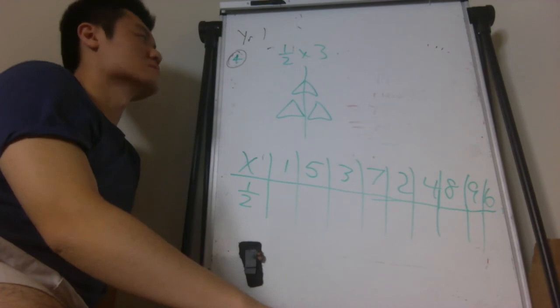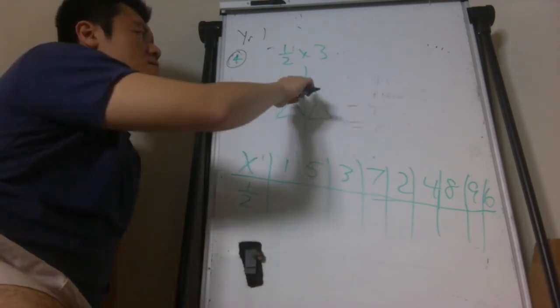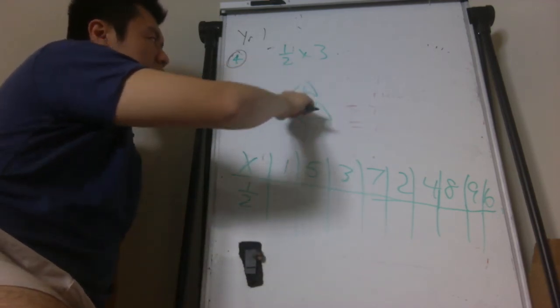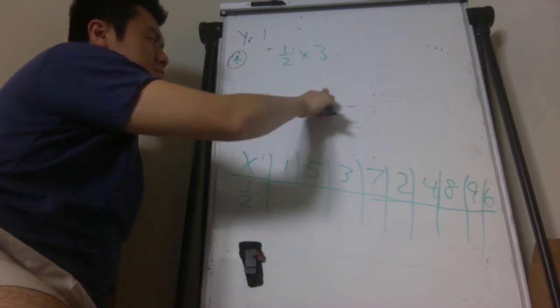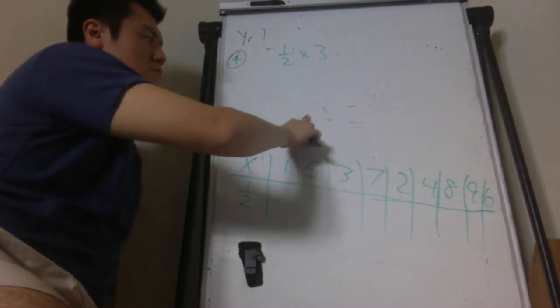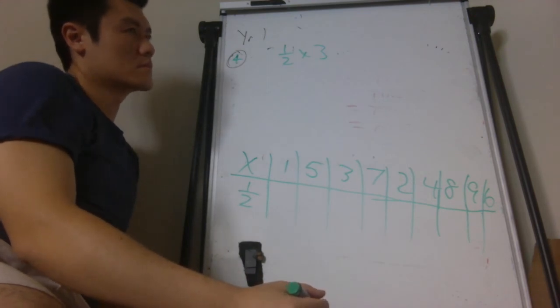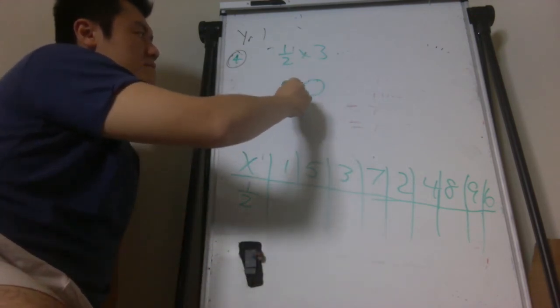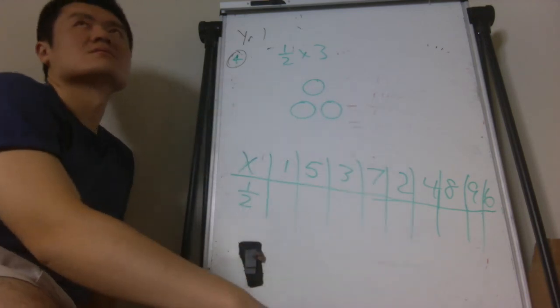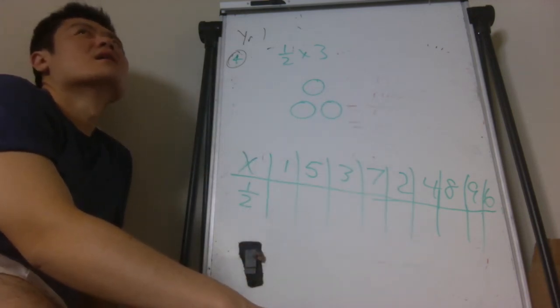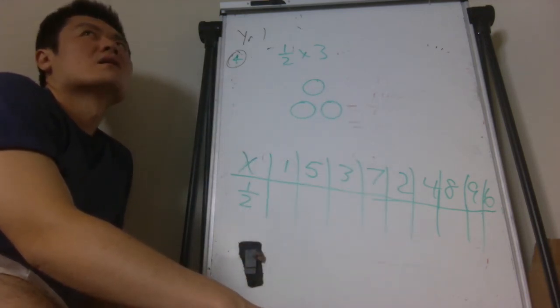Well, yes, you'd have 2, but let's not do triangles. Let's do circles. Have 3 circles, and then there's 3 circles.